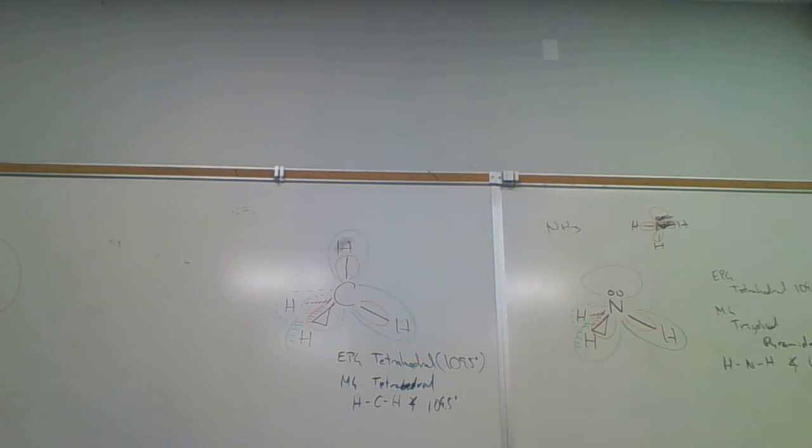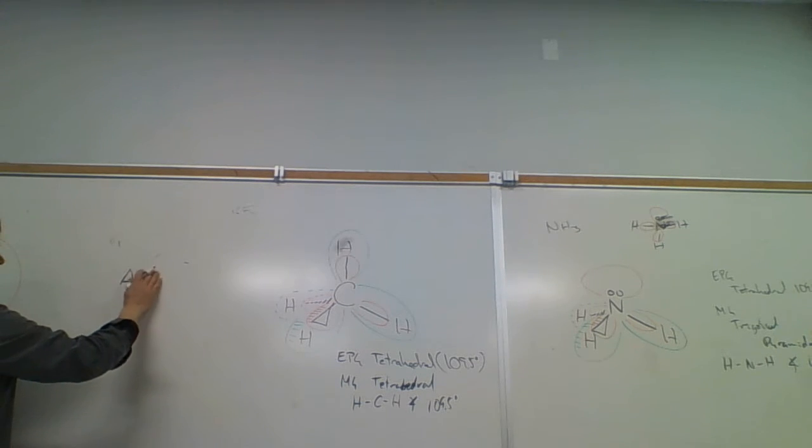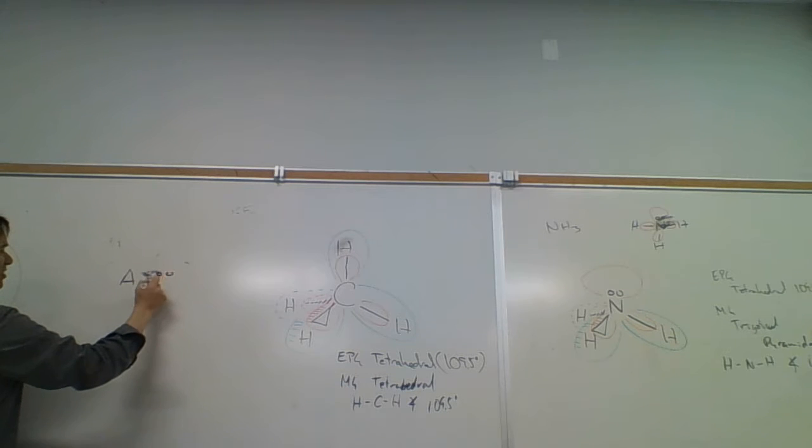Because if I have an A bonded to a B, B tries to pull off some of the electron density from A. And so there becomes a tug of war. Here, that lone pair belongs only to A. Here, there's a tug of war for the electron density. And so B tries to pull the electrons away from A. Like that. And so it turns out that a lone pair occupies more space than a single bond. A double bond is going to occupy, double bonds are shorter.